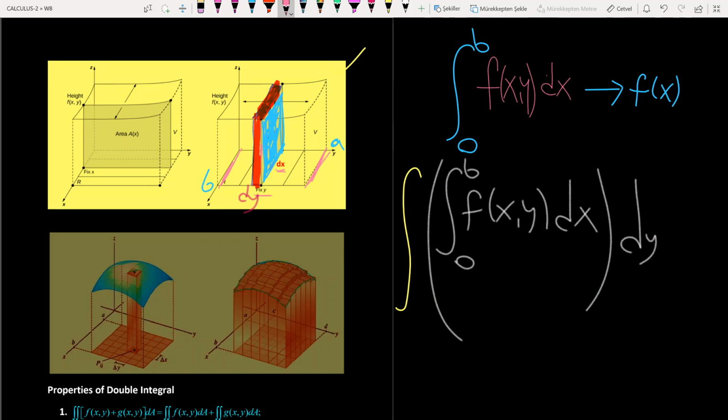If you integrate from 0 to A, then you will finally find the volume under this surface. It is the idea of double integral. I hope you understand the idea of double integral.